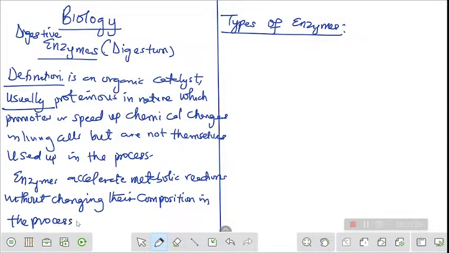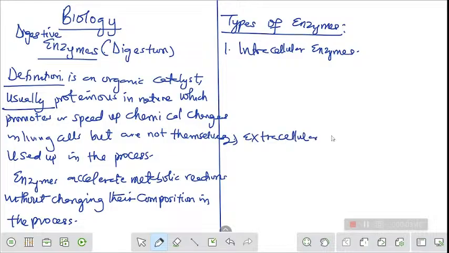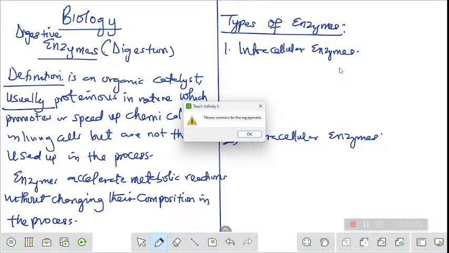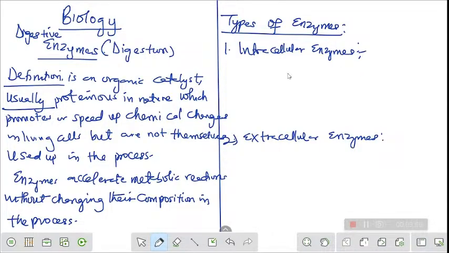So let's go to types of enzymes. We have two types of enzymes. Number one, we have intracellular enzymes. And the second one is the extracellular enzymes. Now, in biology you need to know some terms. The word intra means inside, and cellular means cell.